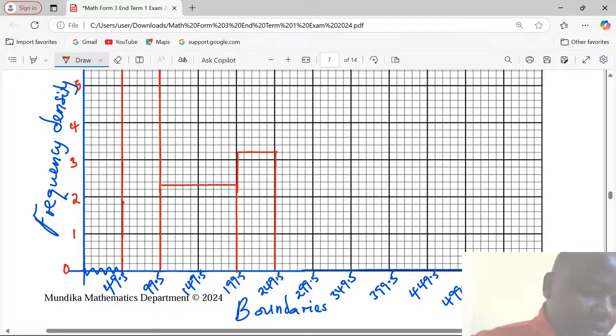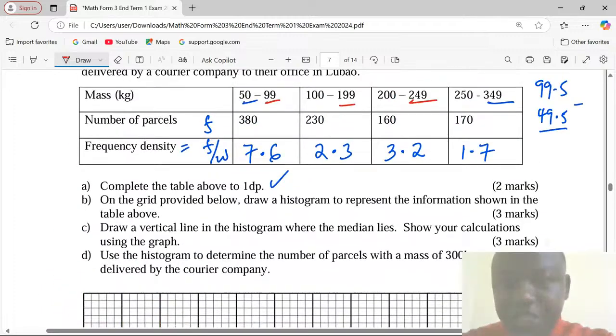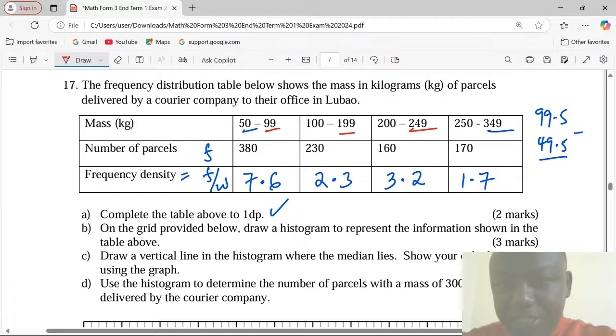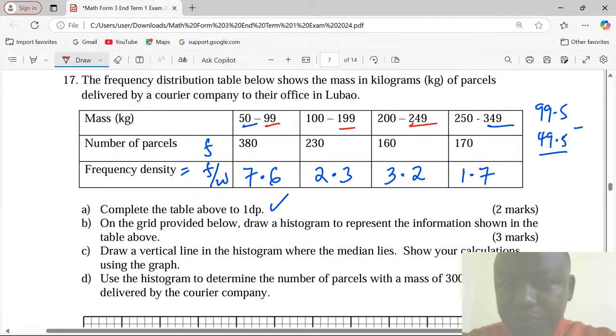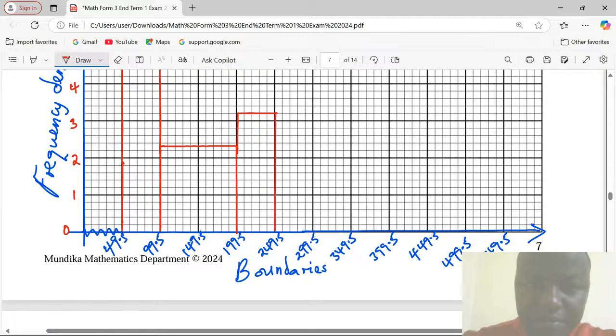You see now, these are the bars representing each class. We proceed to the last class, all the way to 349.5. The height is 1.7. So 1.7 is at this point.